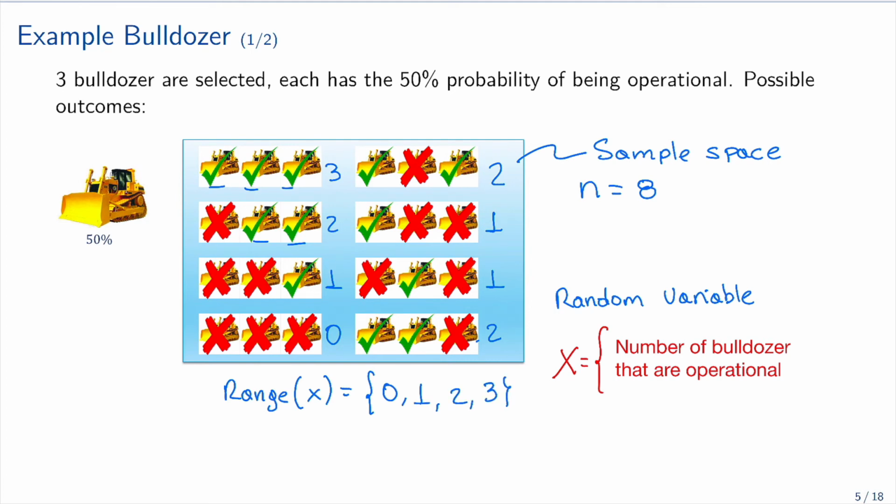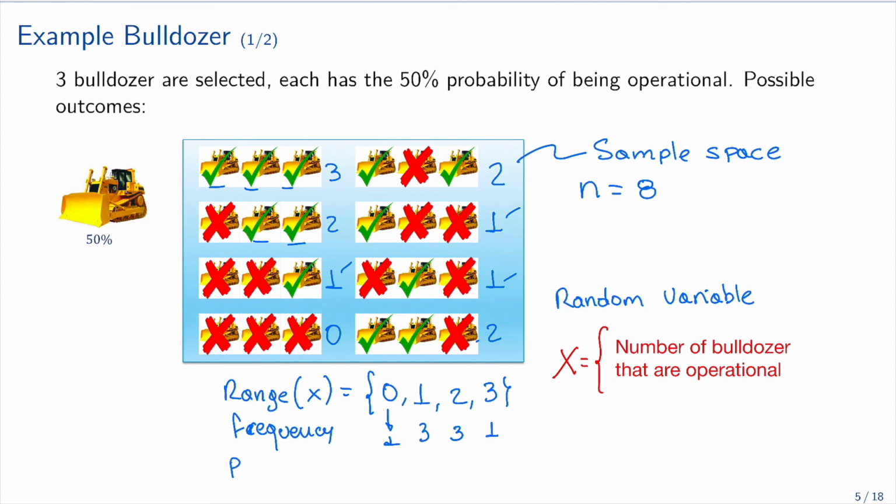Now the frequency of each one of the outcomes will be, in the case of 0, only 1. In the case of 1, we have 3. 2 also has a frequency of 3. And 3 has a frequency of 1.